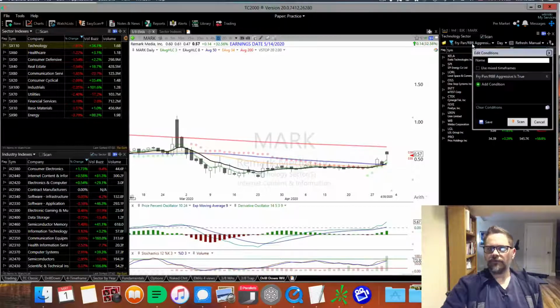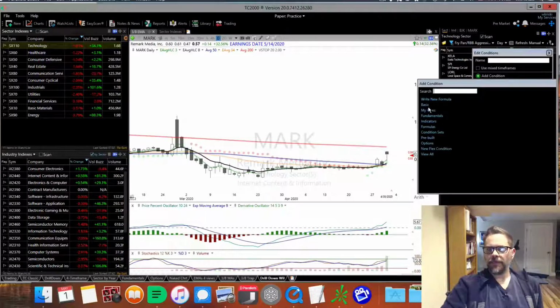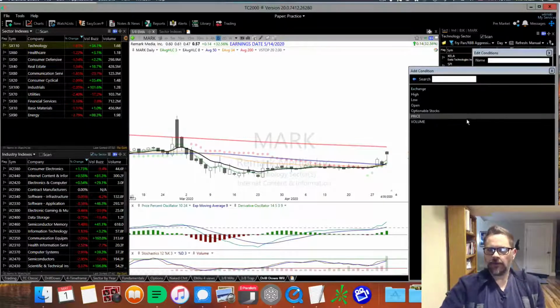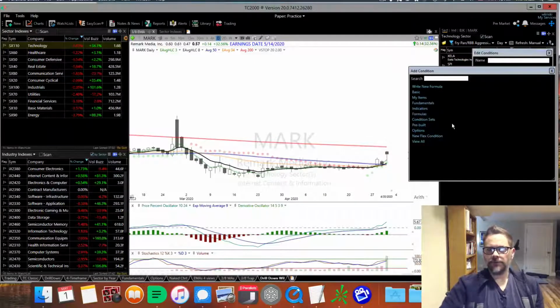If I get rid of this condition, you add a condition, and you could type in whatever, multiple things, but let's just see what they have under basic. Price, you could limit the price if you don't want to buy those really cheap stocks.